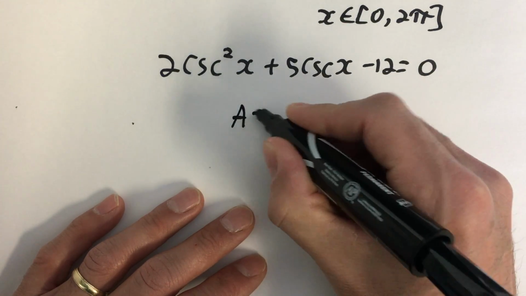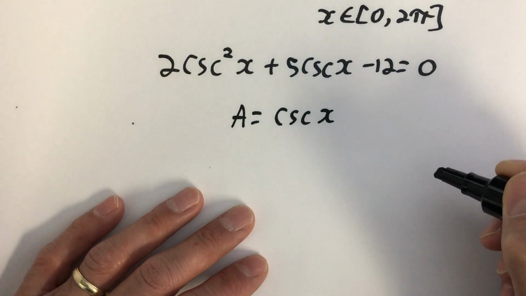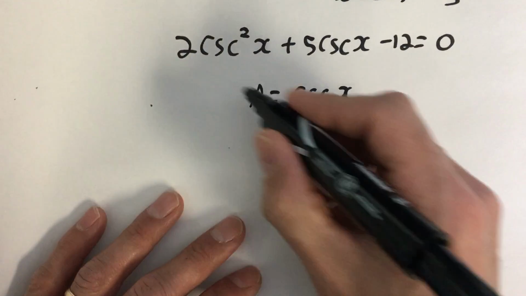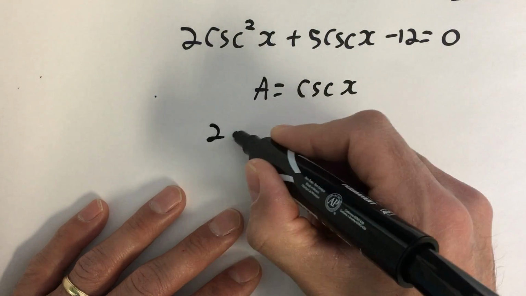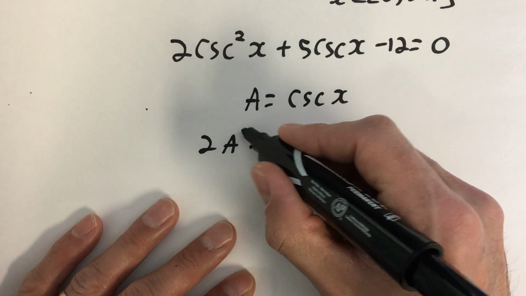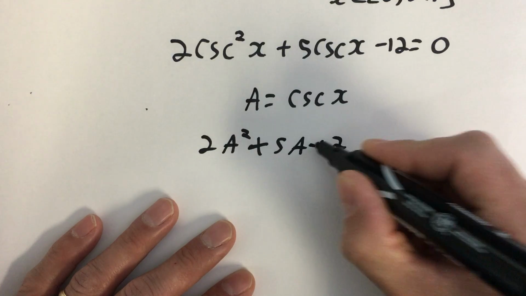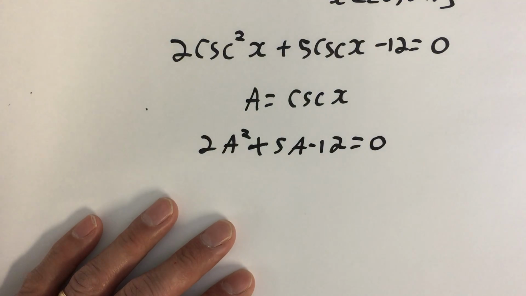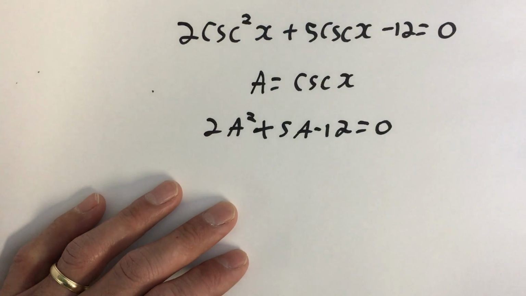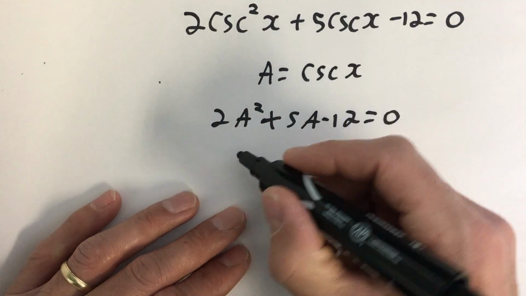Let's say that a is equal to the cosecant of x. If a takes the place of the cosecant of x, then this equation becomes 2a squared plus 5a minus 12 is equal to 0. Now, this just so happens to be factorable, but let's say you didn't see that.